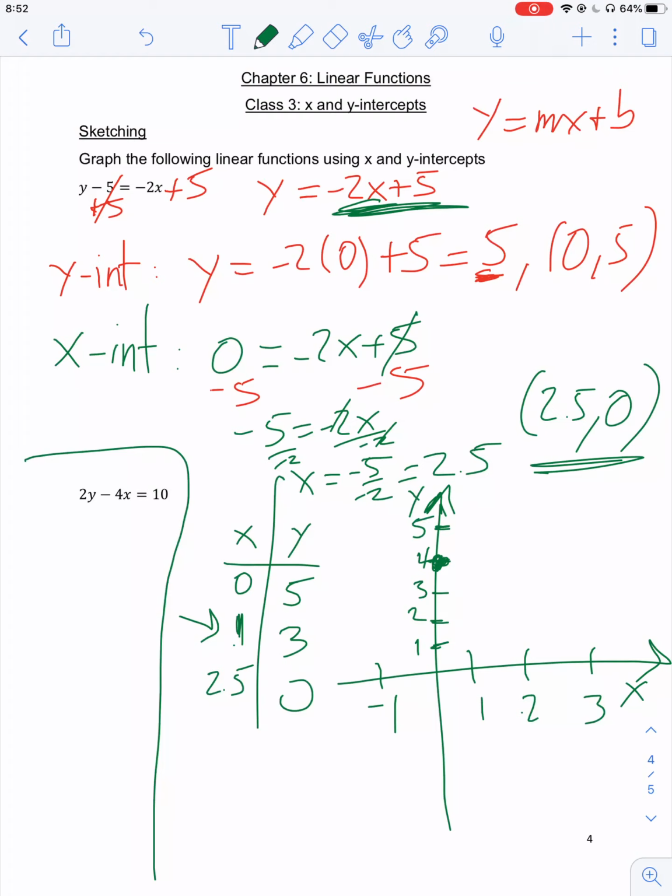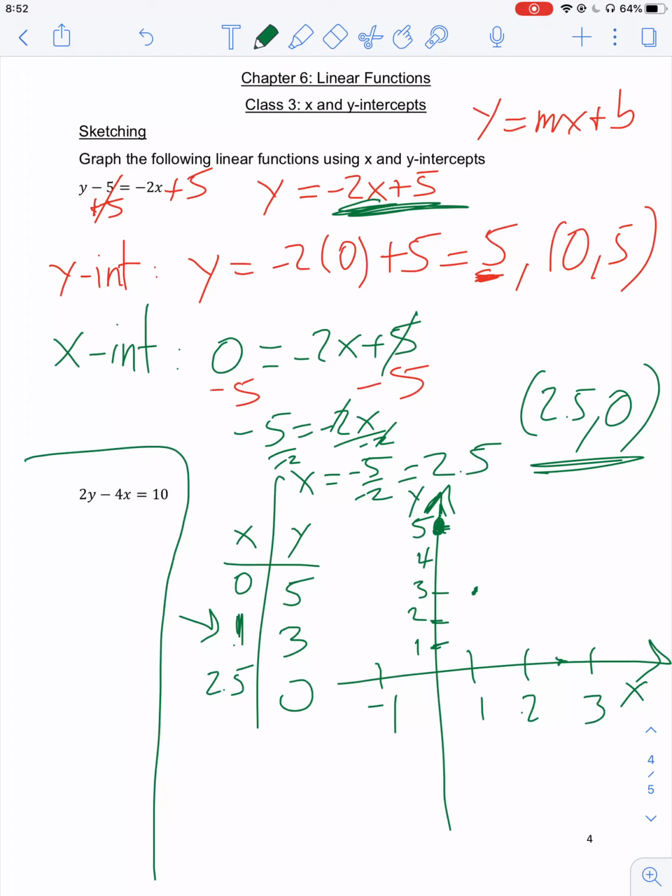So this point, let's just erase this point. Clean this up. This is where my function will start, 5, 0. And at 1, I am at the point 3. And at 2.5, because again this is not scaled perfectly, my function has to be at 0.